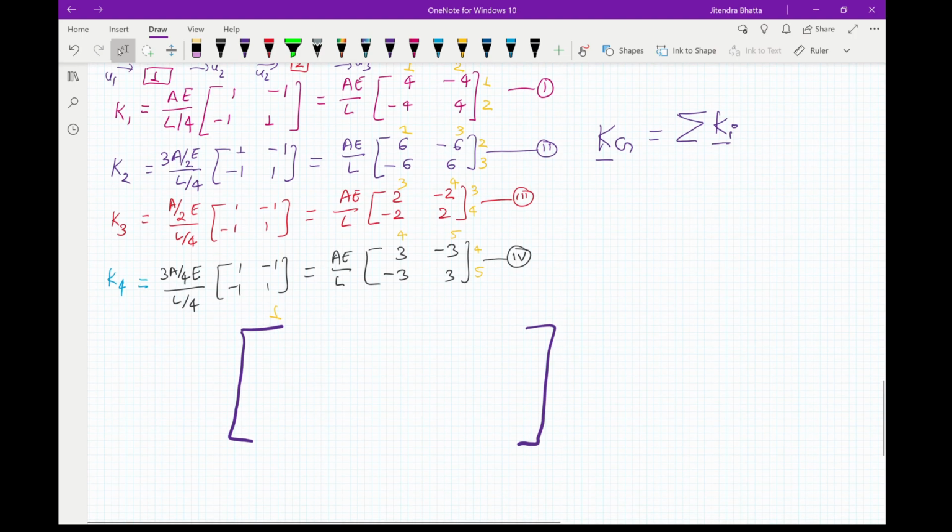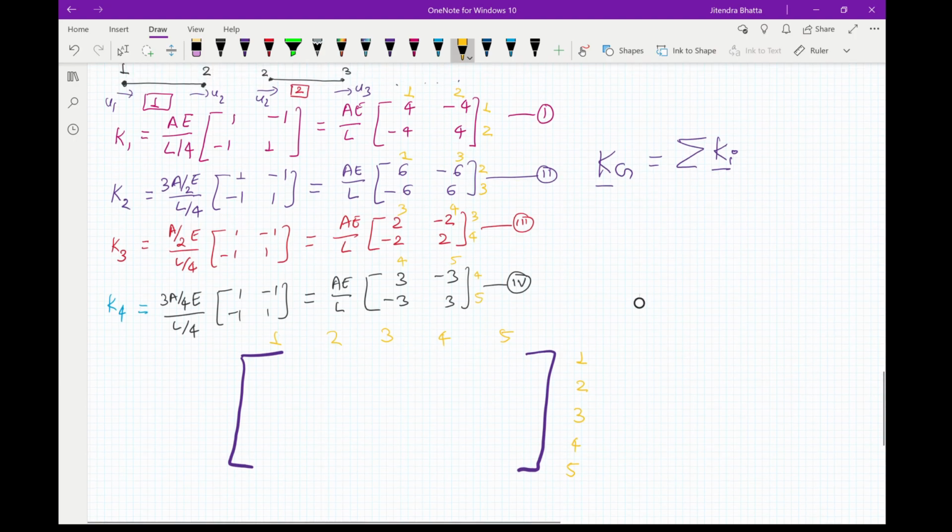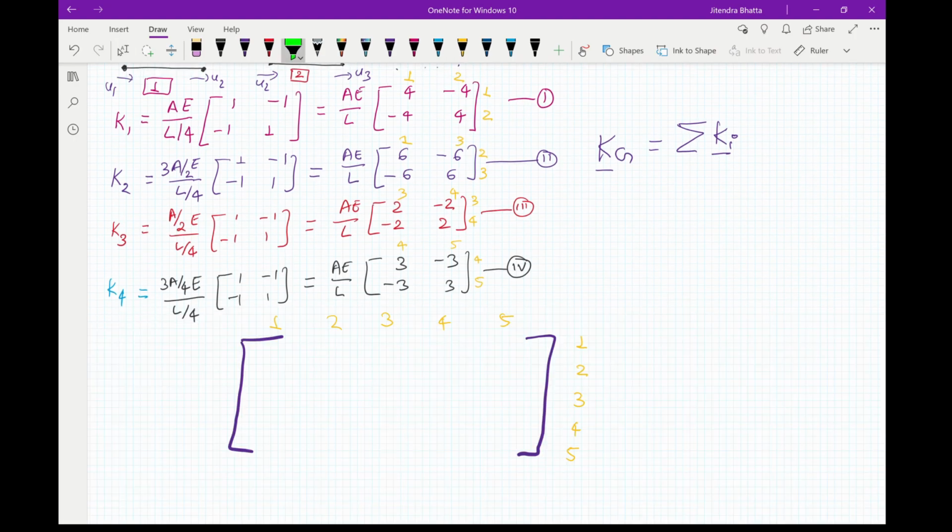Here also we'll have 1, 2, 3, 4, 5. Now in these areas, you can see that this one corresponds to degree of freedom 1 and degree of freedom 1. So when you go up here, you find your 1, 1, which is this one here. That's your 1, 1, right? So you take that and put it here.